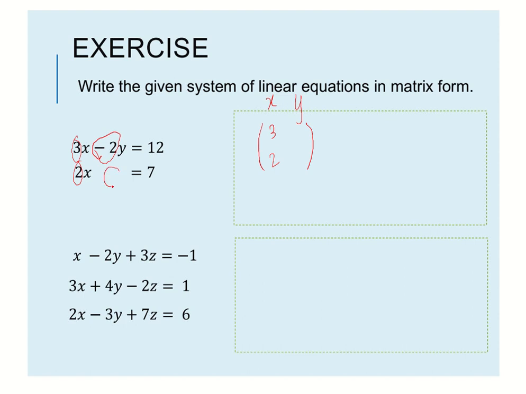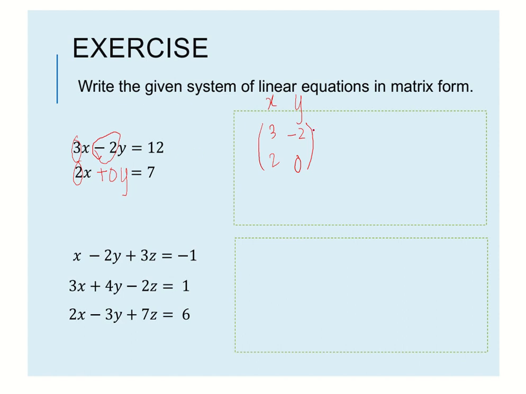But in the second equation there is nothing here. So what is the coefficient? Nothing here. The coefficient is actually plus 0y. So we can write -2 and 0. Even though there is nothing, we know that it should be plus 0y.